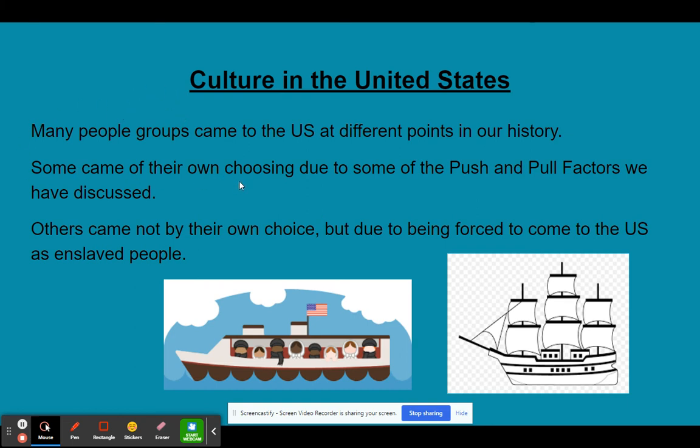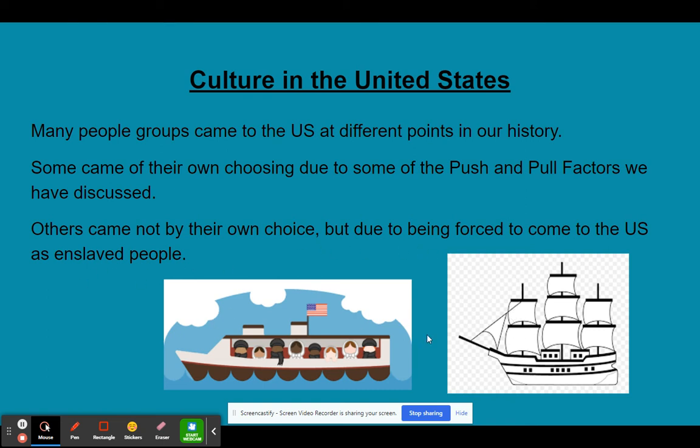Some people came here of their own choosing due to some of the push and pull factors that we already discussed. And then others came not by their own choice, but due to being forced to come to the United States as enslaved people. And you'll learn more about that as well.